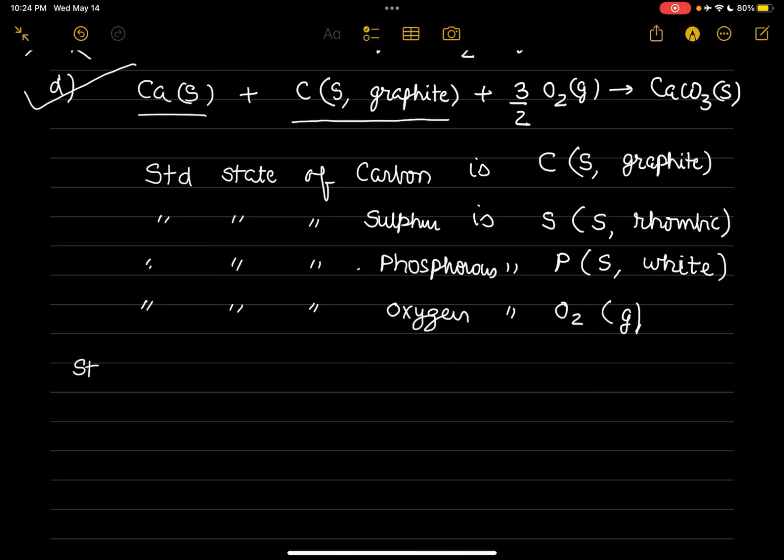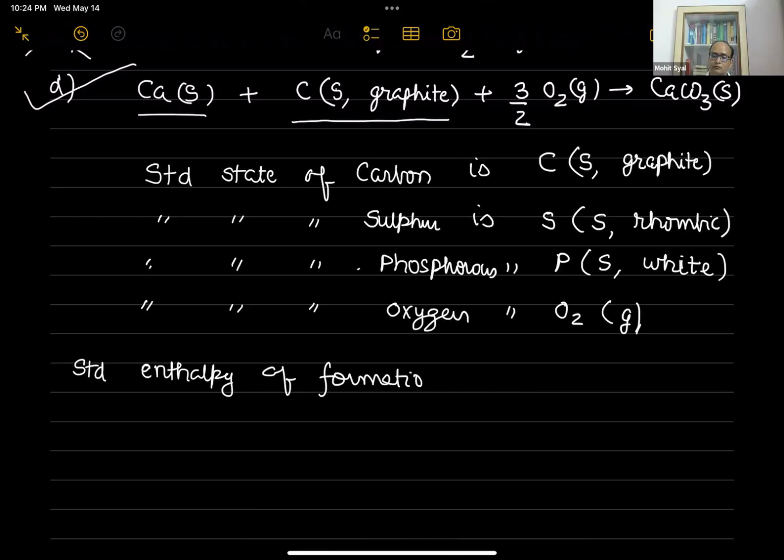This is for the compounds. What about elements?